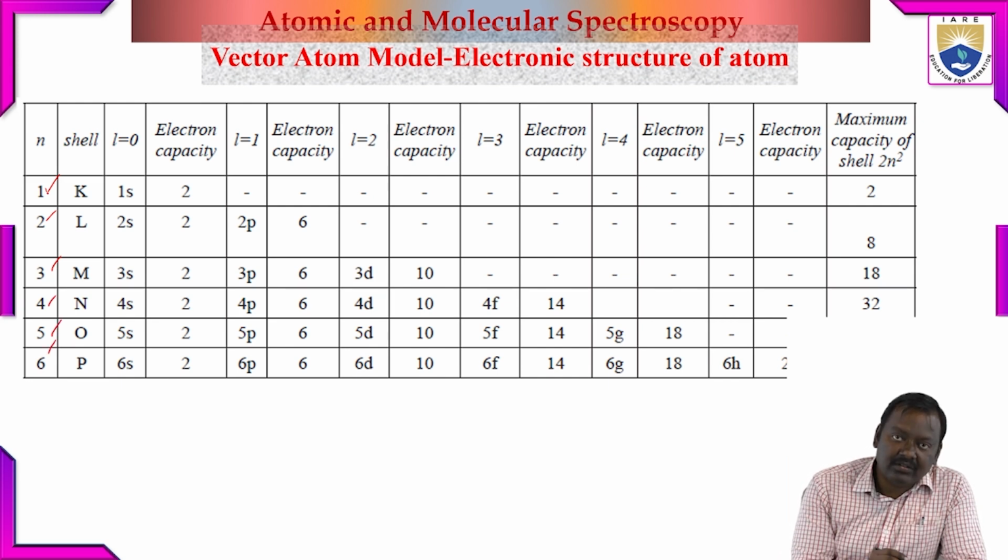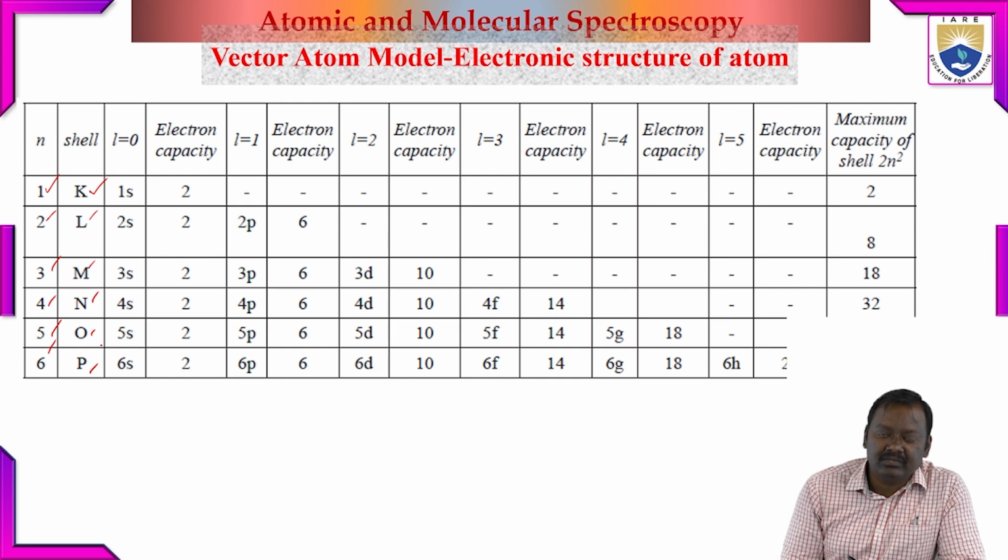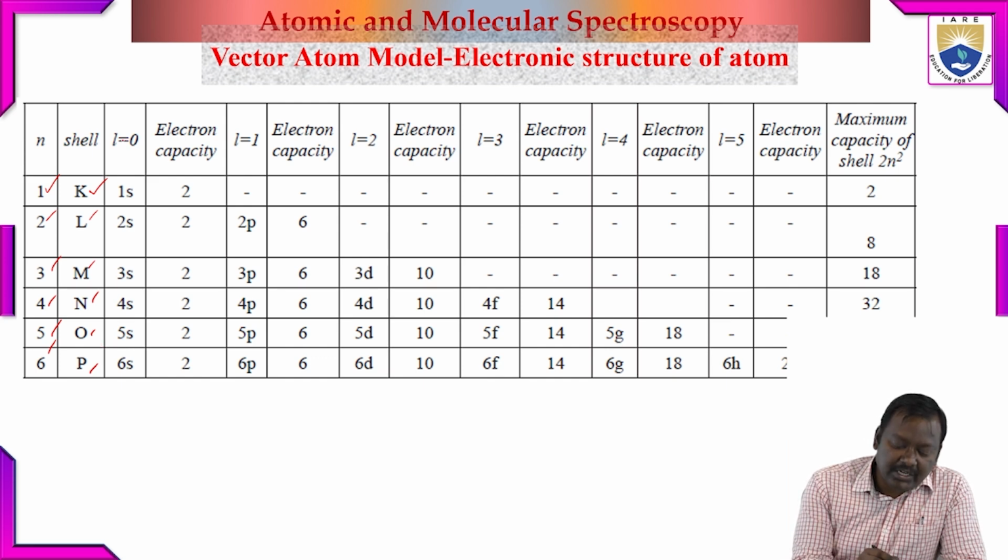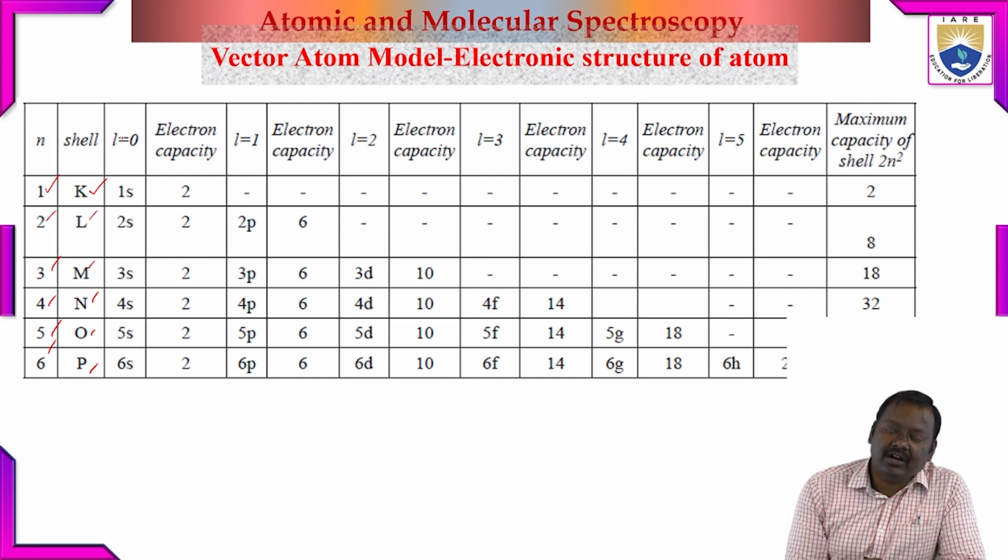According to the principal quantum number, we can assign the shells K, L, M, N, O, P, and the possible orbital for n equal to 1 is only 1s. One orbital, that is 1s only.